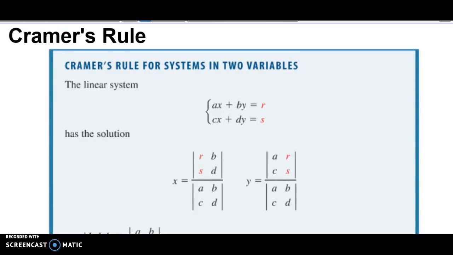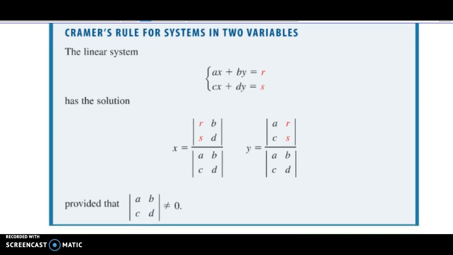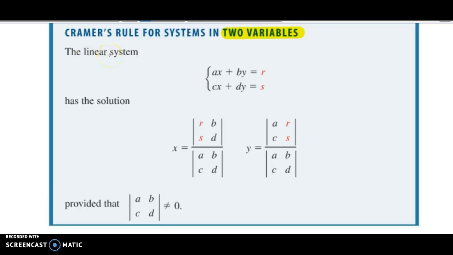All right, Cramer's rule. Very, very important to know Cramer's rule. The Cramer's rule for 2 variables. It's very important that you know it only works for 2 variables for a linear system. So we have the linear system ax plus by equals r, cx plus dy equals s. It has the solution taking the determinant.